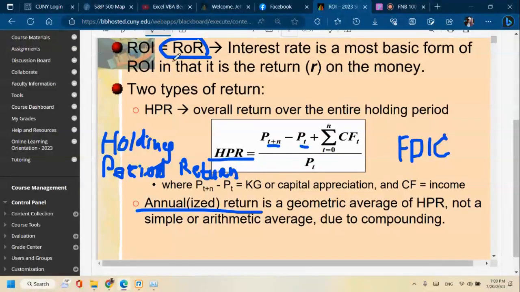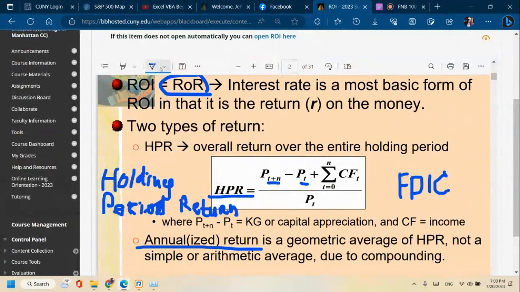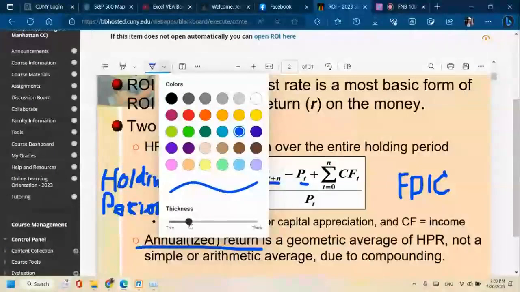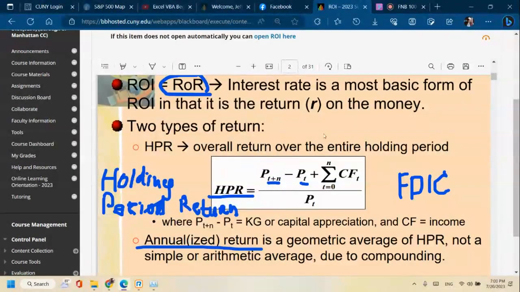So let's say if t is 2010, if that was the price at the end of 2010, so you're buying an asset and you're holding it, that's why it's called holding period return.